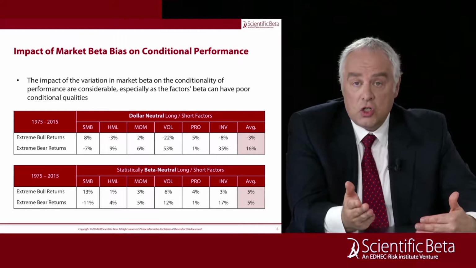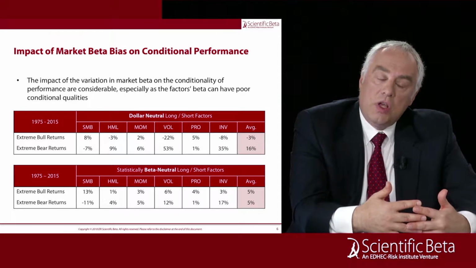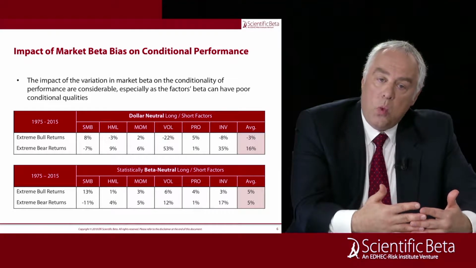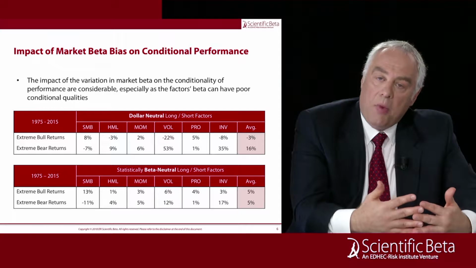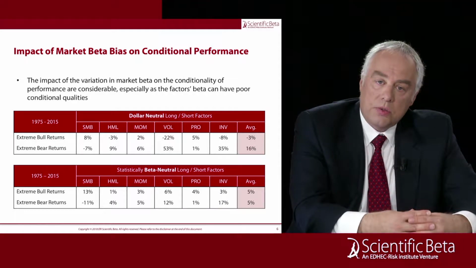And on average, on the far right-hand side, what we note is that in extreme bull markets with this defensive bias, these strategies don't perform as well as they do in bear markets. So this defensive bias is also going to condition the performance in bull and bear markets.